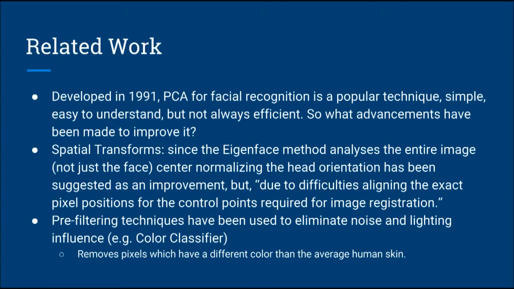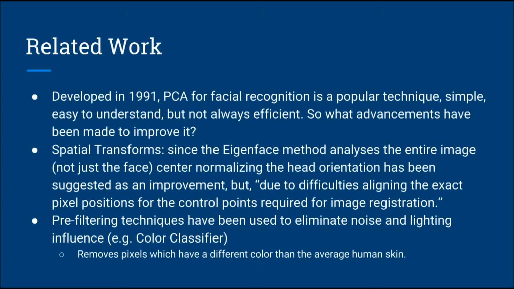So there have been more simple techniques applied, and it mainly doesn't apply to the algorithm itself, but to the images before the algorithm sees them. These are pre-filtering techniques, ideas to eliminate the effect of lighting, and this idea of a color classifier, which removes pixels which have a different color than the average skin.